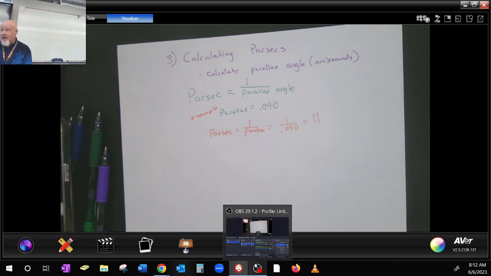Not 11 million miles or 11 light years. It's just 11 parsecs. So how do I calculate that into distance? Well, that is the 4th thing that we need to learn.